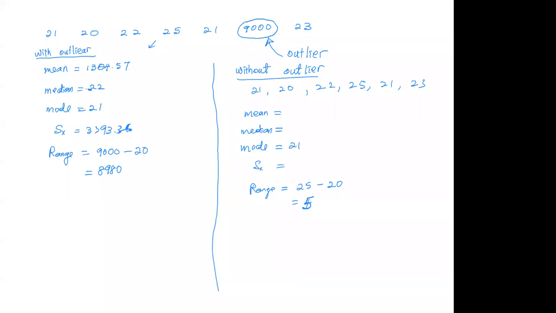Stat, edit, delete the 9,000. Then 20, 22, 23, 25, 21, 23, 21.